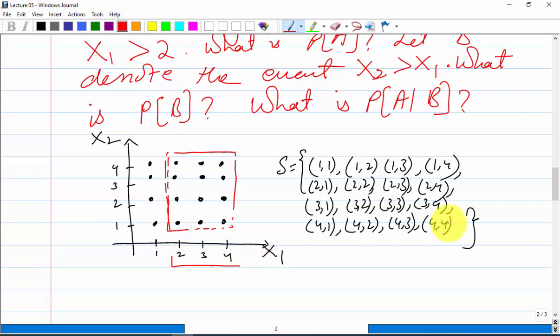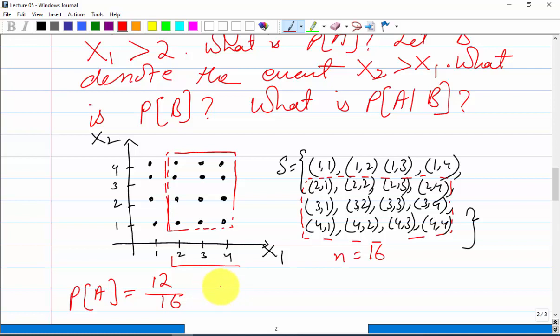Because all outcomes are equally likely, n is 16. So the probability of A, counting all the points where x1 is greater than 2, would be 12 over 16. So that is the probability of event A.